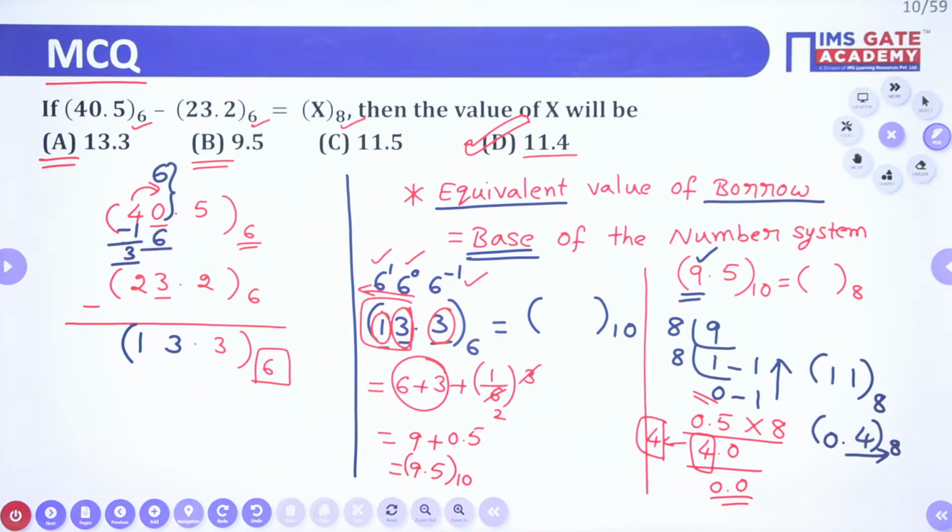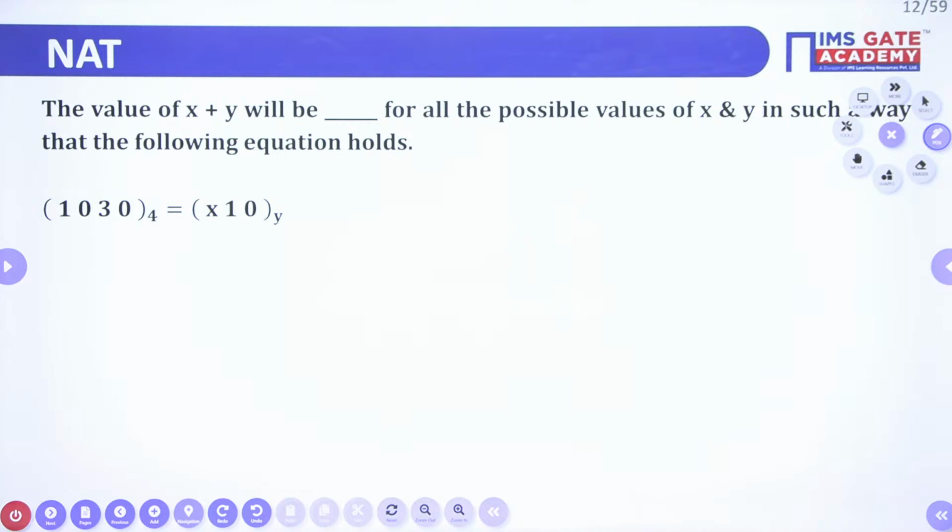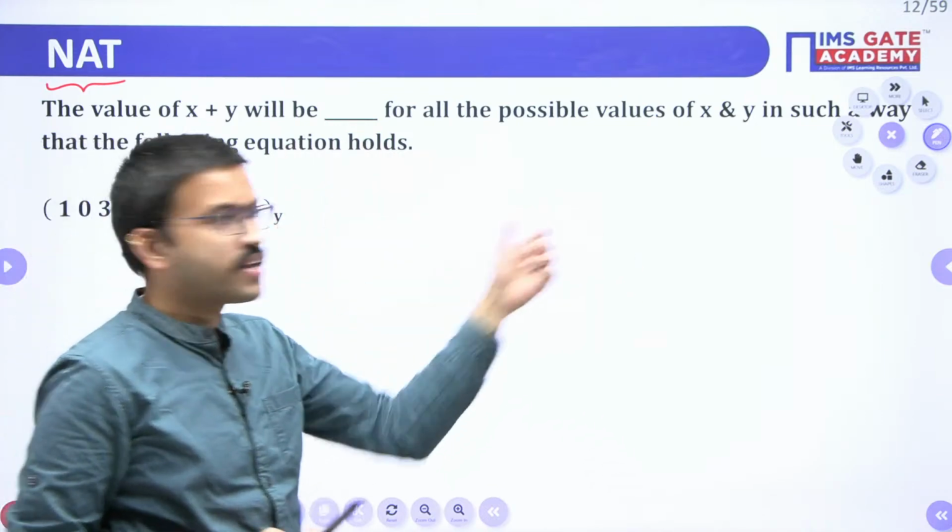Now let us proceed to the next question. Yes, very good Abhilash. This is an NIT question, which means the answer will be a number.